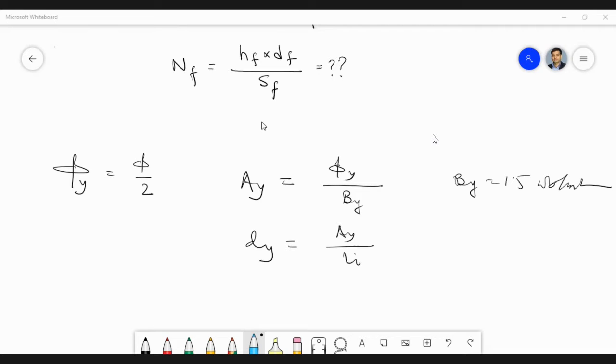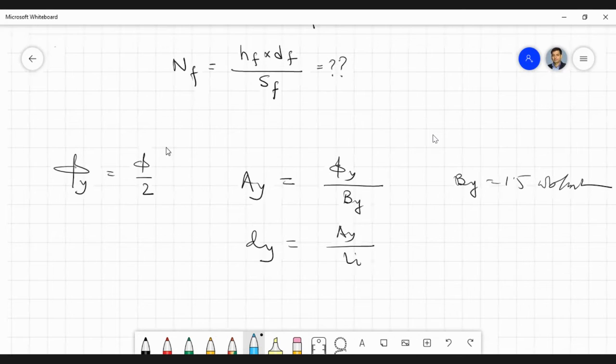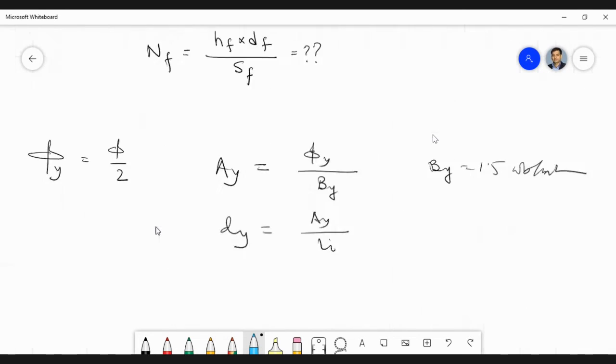Sir, I have got the area of the yoke is 0.021 meters, and the field current is 3.09 amperes. Now I'm not asking the field current. The area of the yoke you calculate.